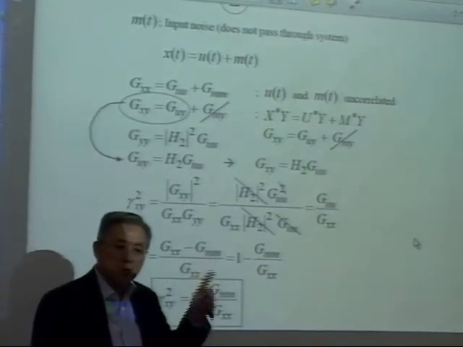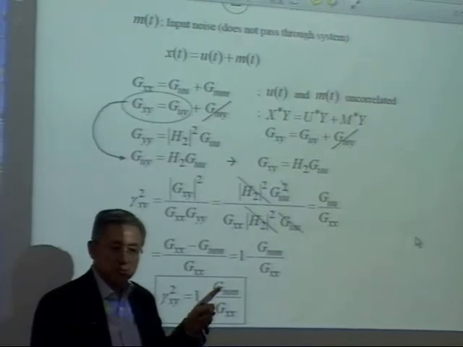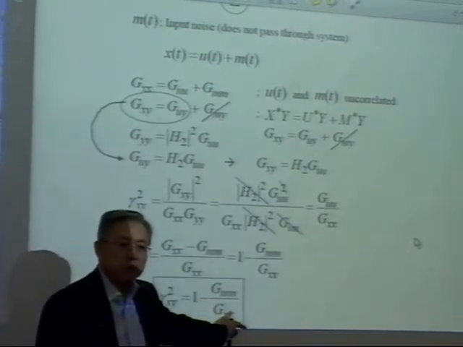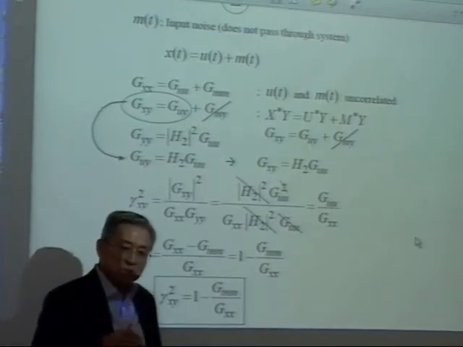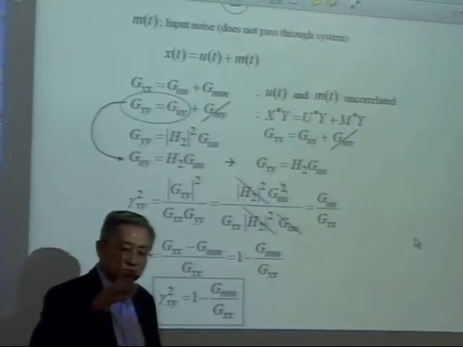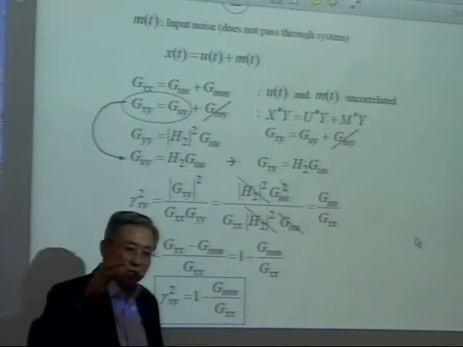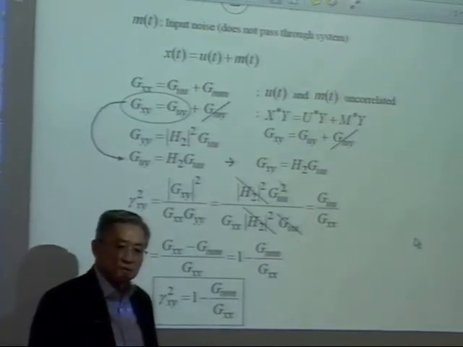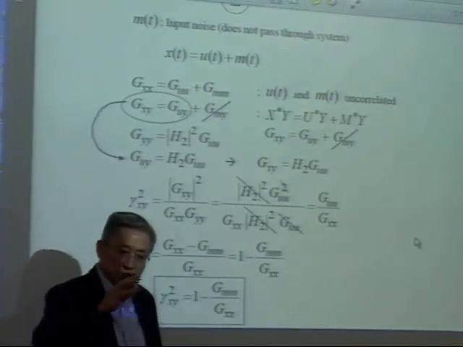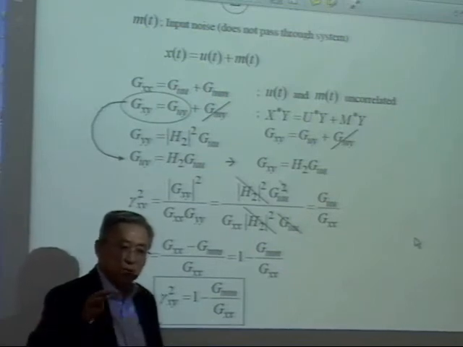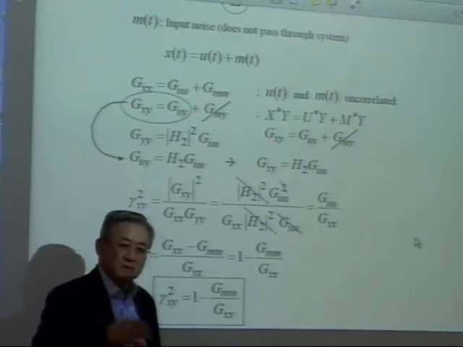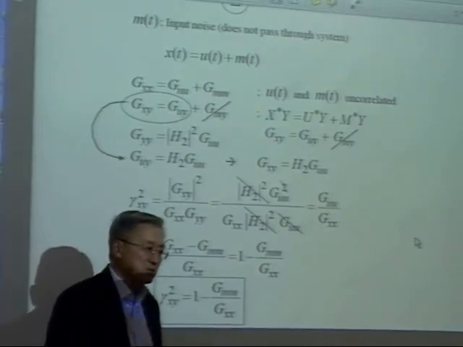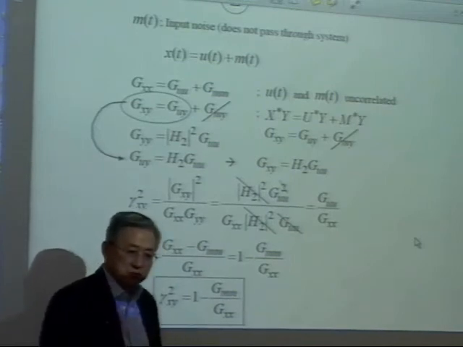So you can compute the input noise spectra and the output noise spectra. You plot the Gyy, which is the output spectra. Then you can plot the Gmm or Gnn, then the input-output noise. You can tell how much noise contamination there is at various frequencies.